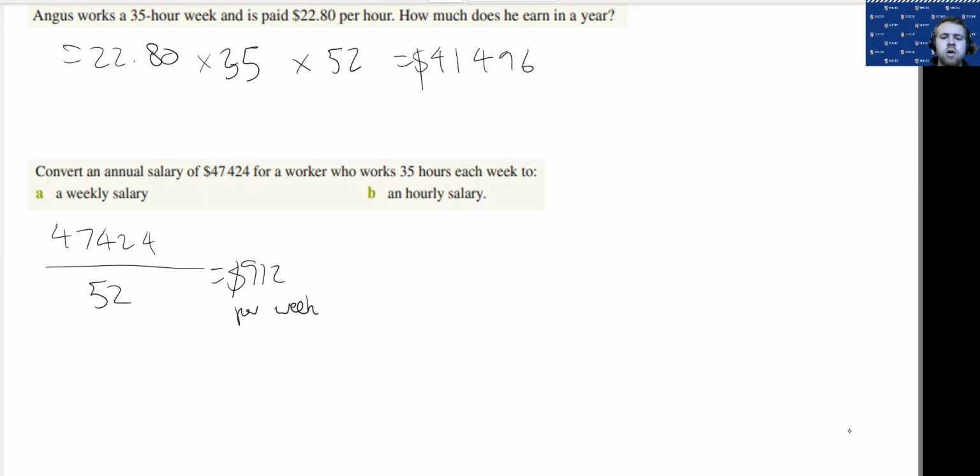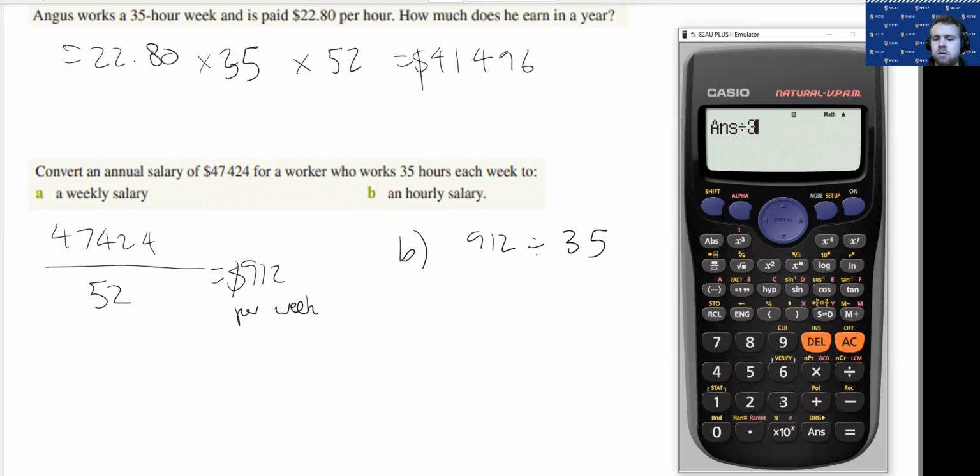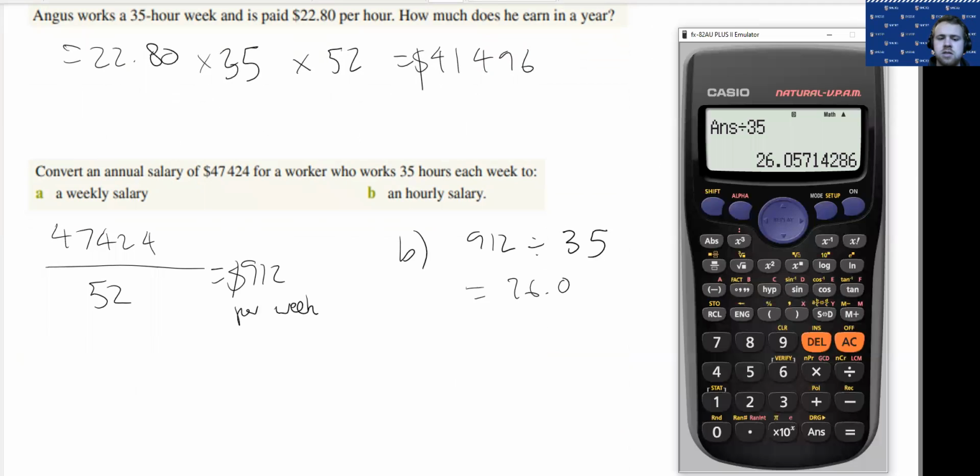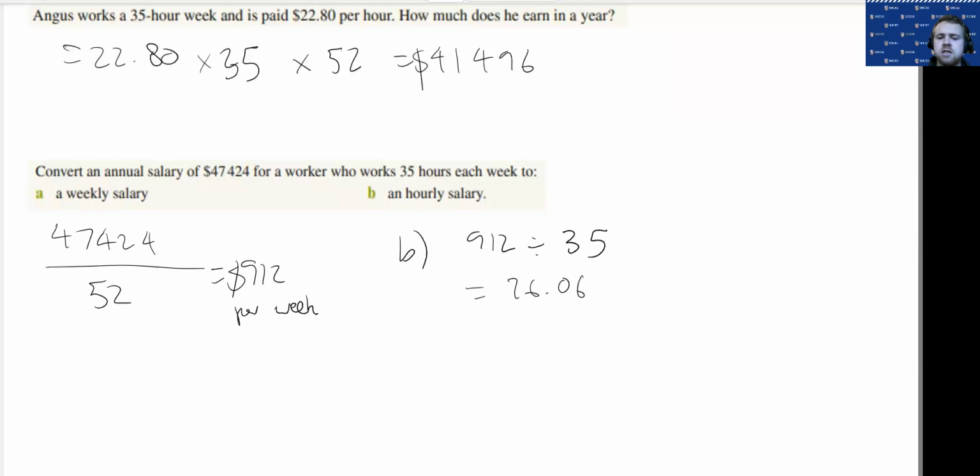And then per hour, we take that value and divide by 35, and we have our hourly rate: $26.06. Always round to the nearest cent, so 2 decimal places.